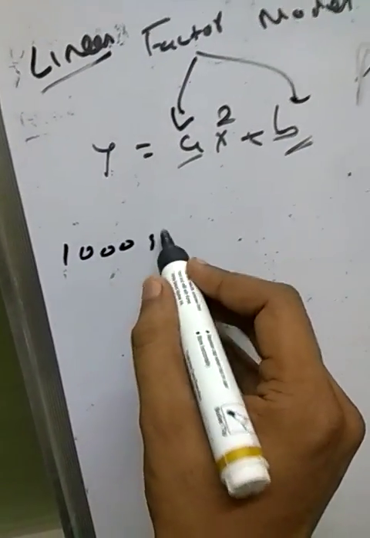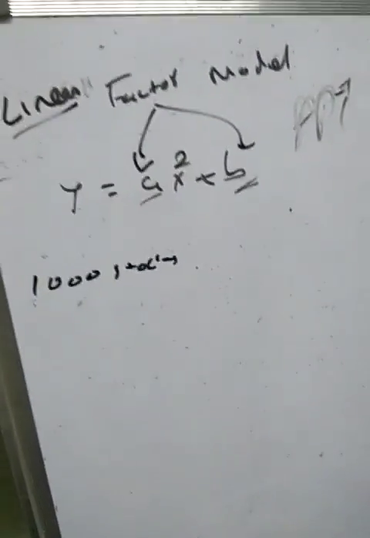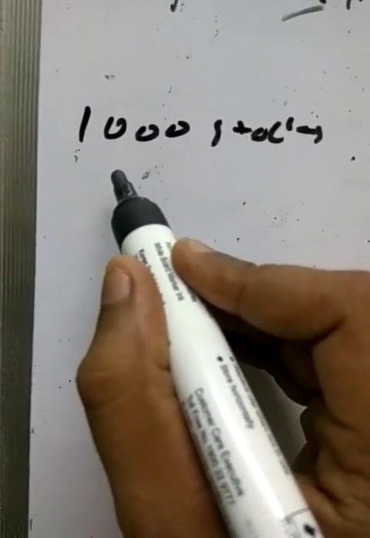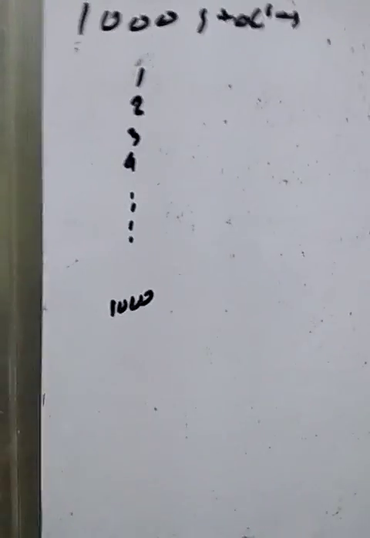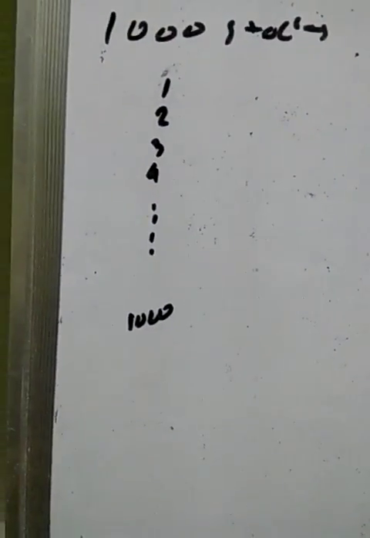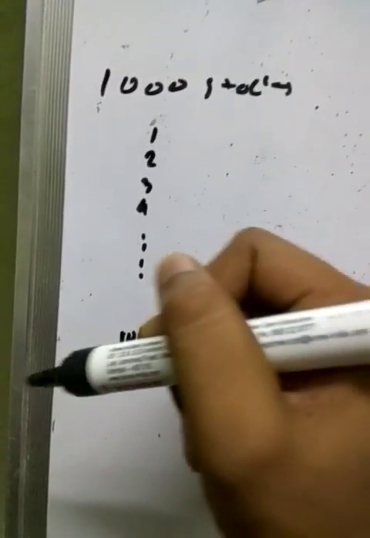Suppose there are 1000 stocks and I have this one strategy where I can rank them like 1, 2, 3, 4 up to 1000. On what basis will we rank? We will rank on the expected return.